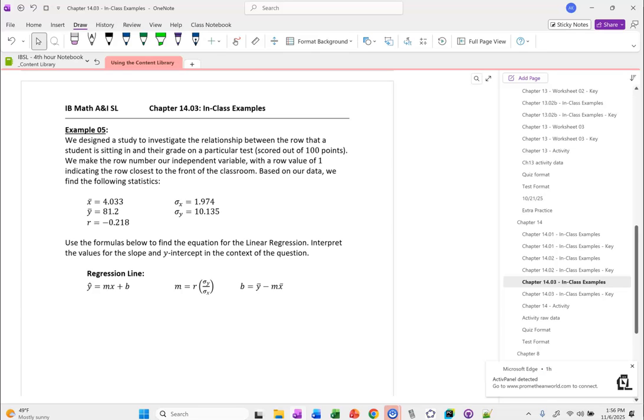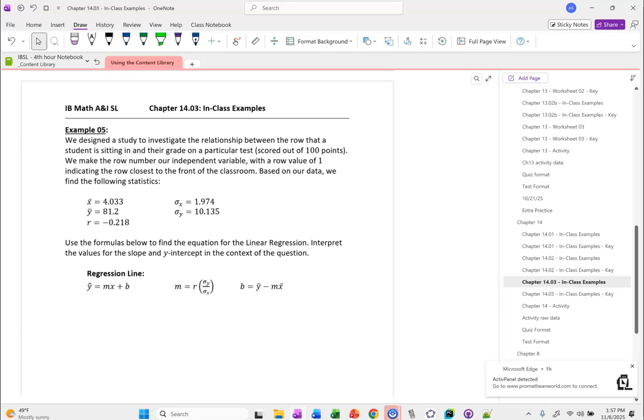Based on our data, we find the following statistics: some means and standard deviations and a correlation coefficient. Use the formulas below to find the equation for the linear regression. Interpret the values for slope and y-intercept in the context of the problem.